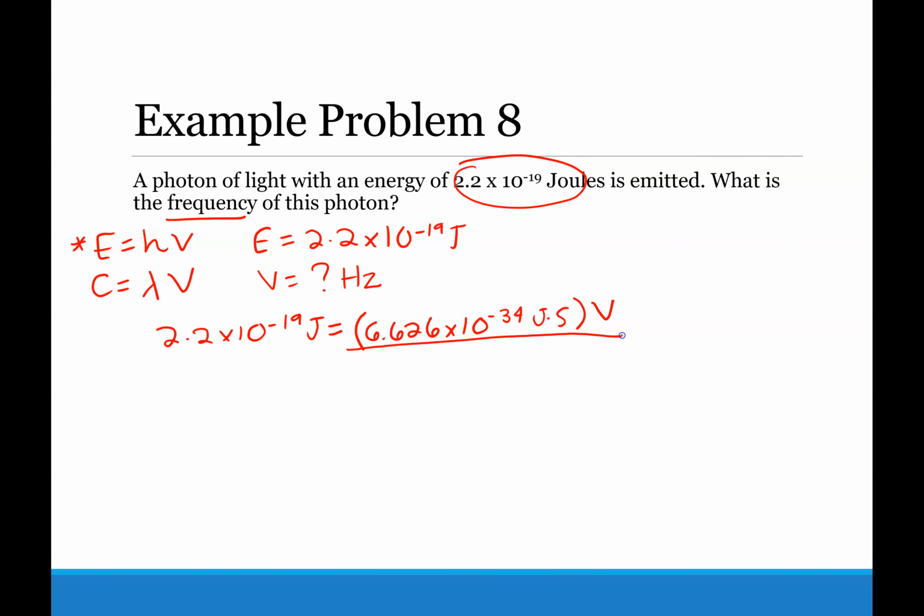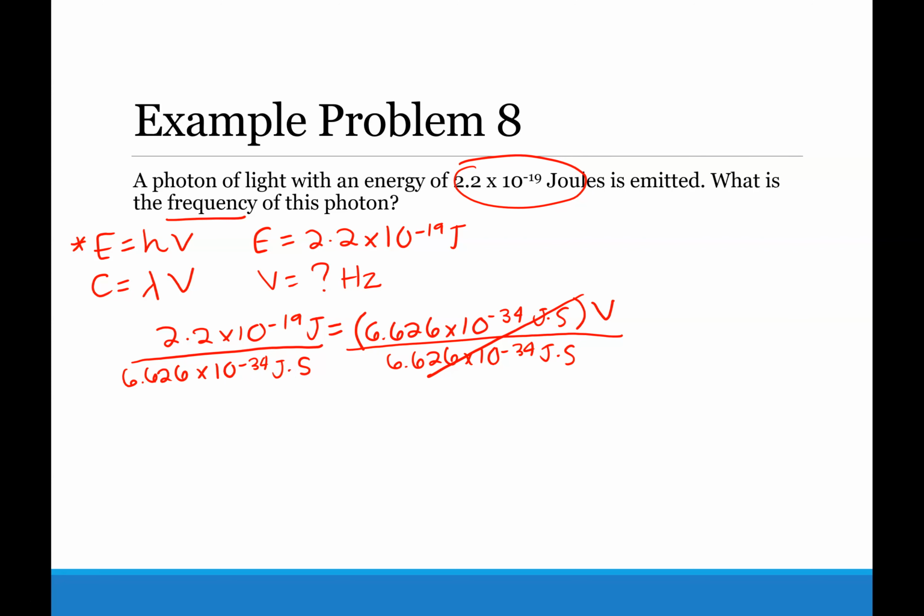And so we're going to divide by Planck's constant, 6.626 times 10 to the minus 34 joule seconds, to get it to cancel.